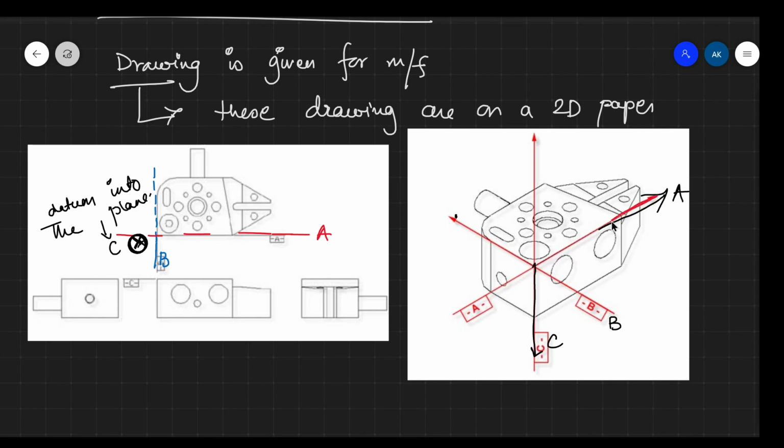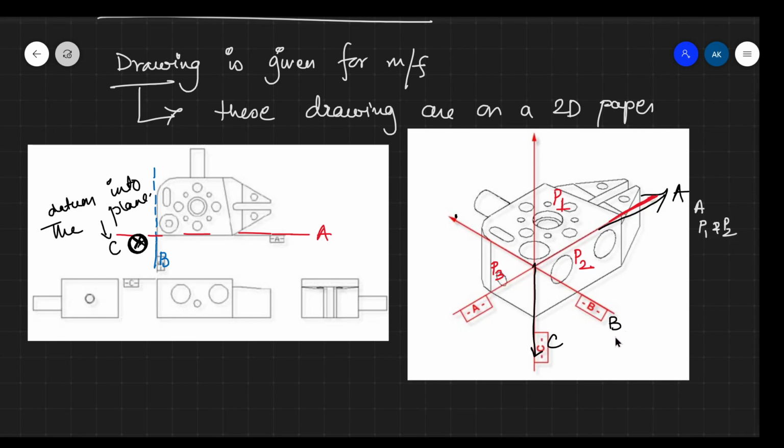Like this line A is the intersection of, suppose if this is plane P1, if this is plane P2, and this is your plane P3. So A is the Boolean of plane P1 and P2.